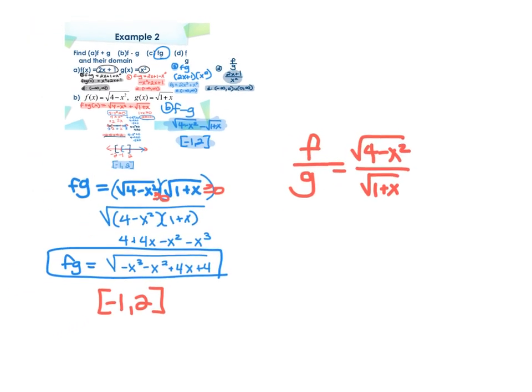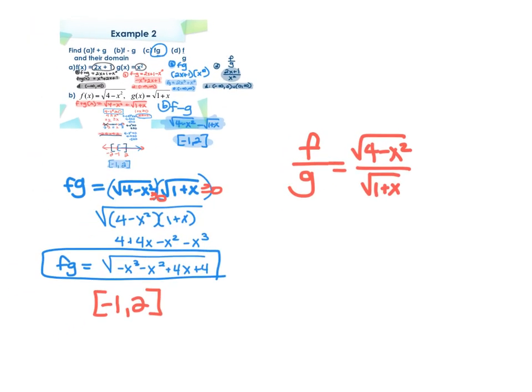But how does this change my domain? What did we just do by putting the 1 plus x in the bottom? How does it change your restriction if you have a square root in the denominator instead of just in the top?